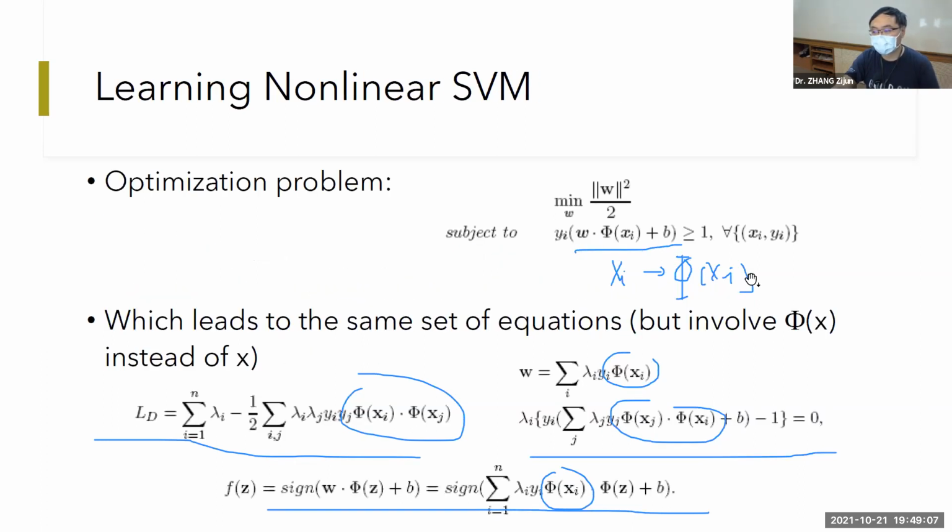Then you may ask a question: hello, professor, how can we optimize the kernel function? Because we have data coming in, and if the data is complicated, for example in a higher dimension, not just two, then we cannot even visualize it and we don't know how the data pattern looks like.